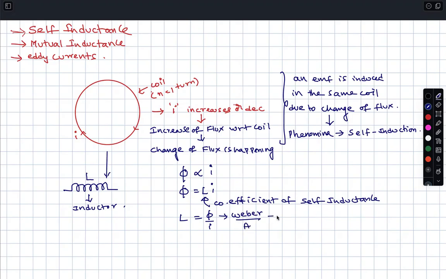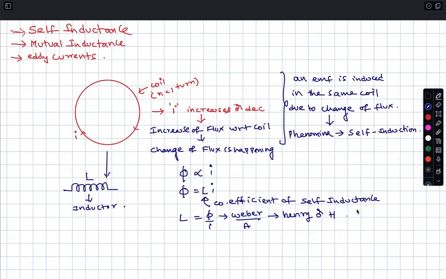And this has another unit called Henry. So hereafter we will represent it in terms of capital H. Capital H is the unit. Henry or capital H. No issues.